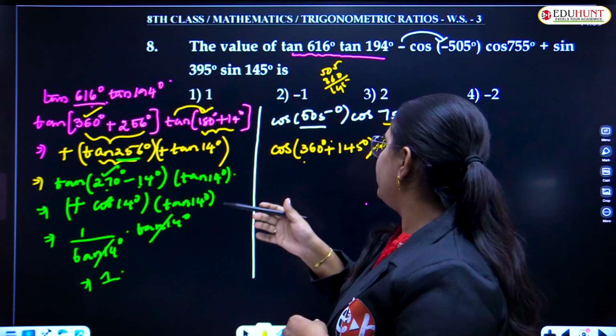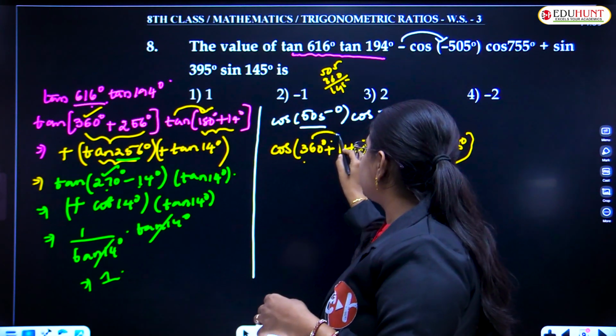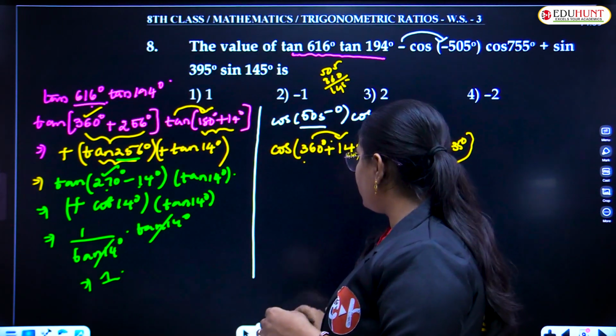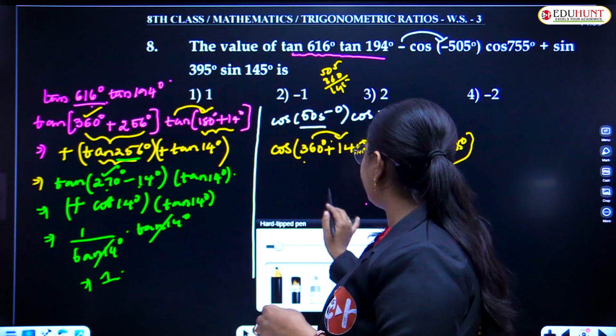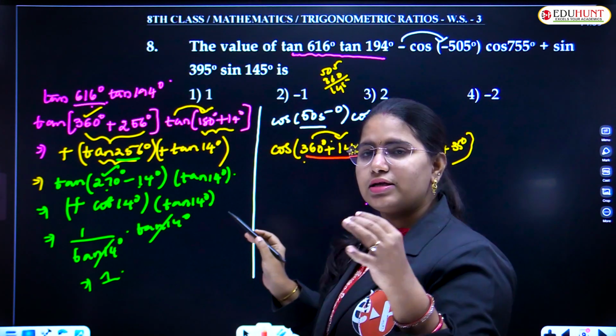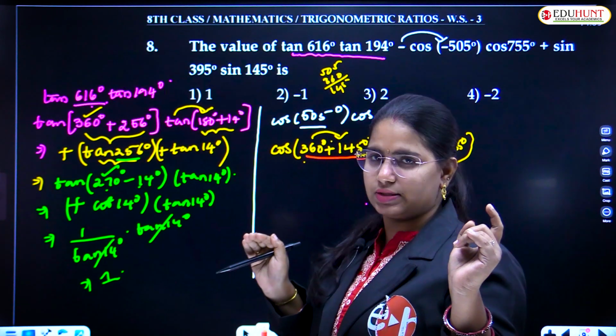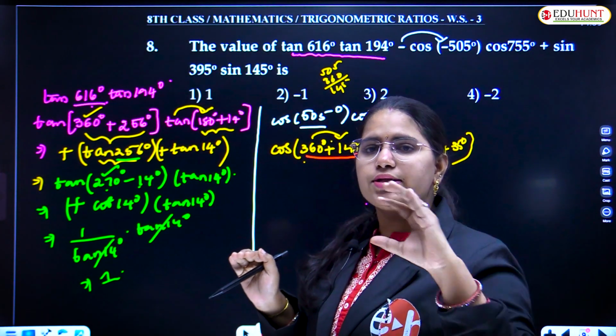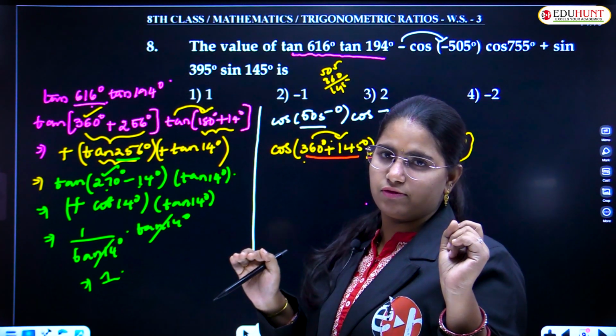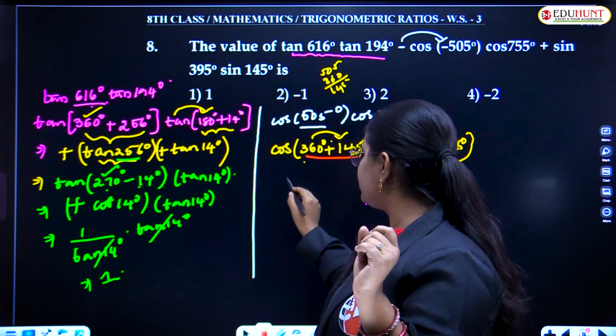Next one, cos 360 plus theta. First let me talk about quadrants. 360 plus theta lies in the first quadrant, for angles greater than 360. In the first quadrant, all trigonometric ratios are positive. So this will become positive.